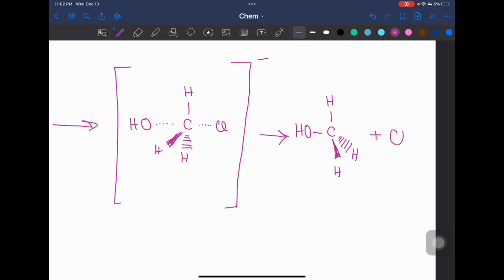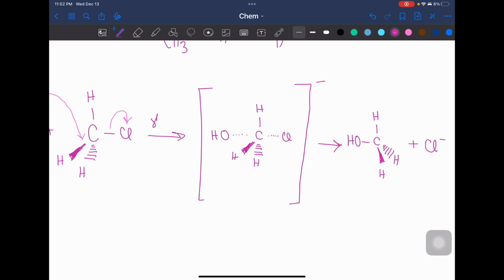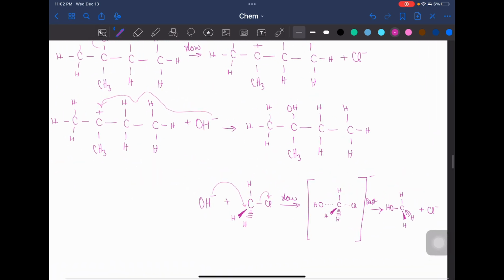H, and we're going to add our Cl on the end. And this is a slow step. The first one is slow in this case. In both cases, actually. This is fast. Oh, I forgot to write fast here. Fast. Boom.